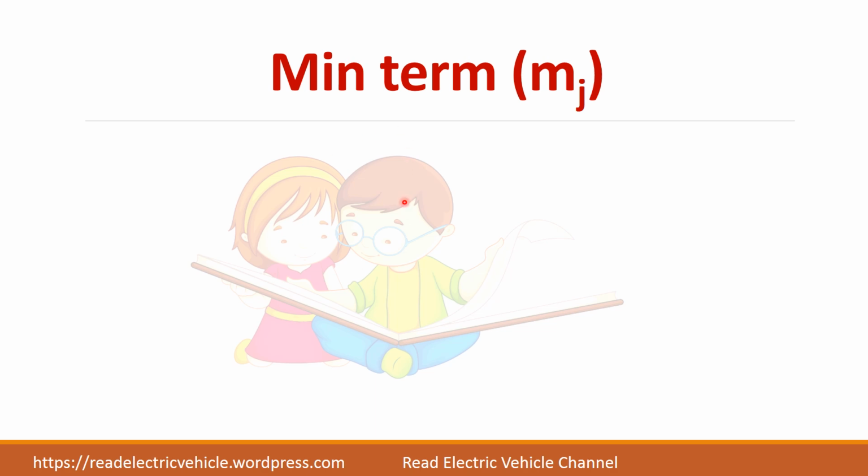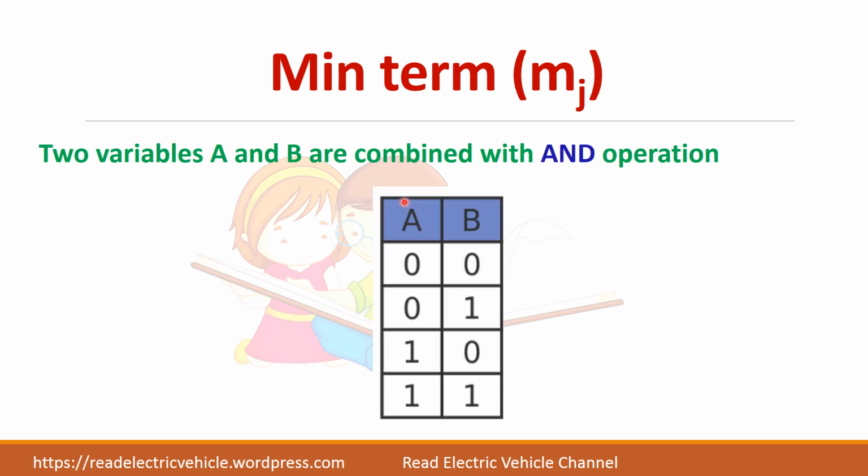Let us see what is a Minterm. If you take a two variable function, there will be four combinations: 0 0, 0 1, 1 0 and 1 1. If these two variables are combined with the AND operator, which is nothing but a product, we write A, B, where the product symbol represents the AND operator.